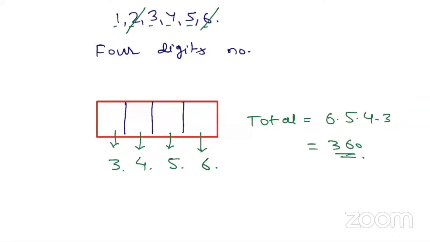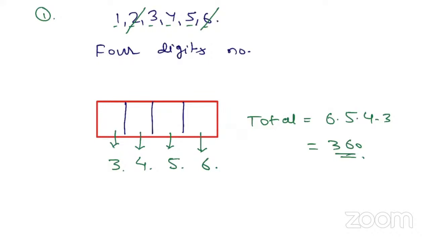Okay, everyone, please note down: without restriction, if I'm giving you 6 digits, 1, 2, 3, 4, 5, 6, we have to form 4-digit numbers without restriction, without repetition. In how many ways can you form? This is the basic of counting.